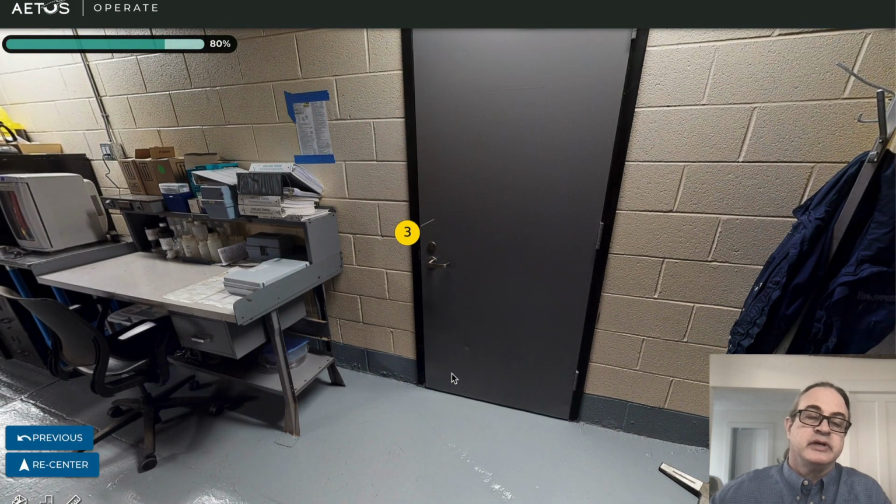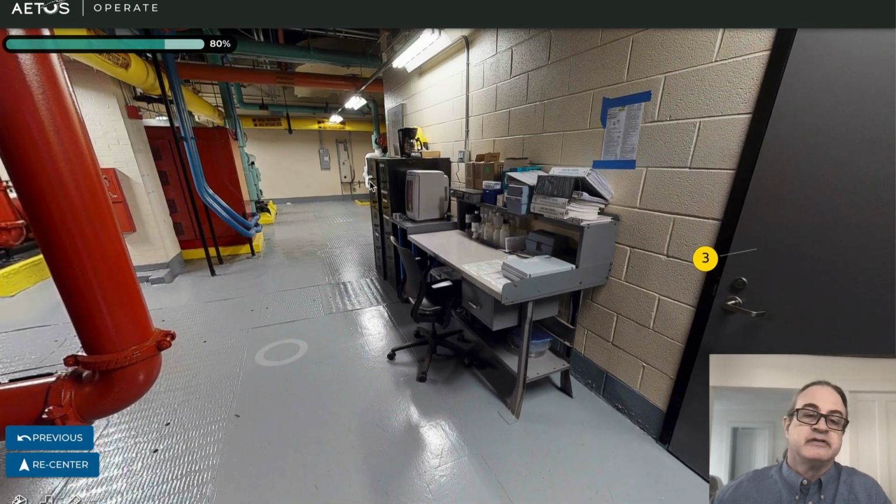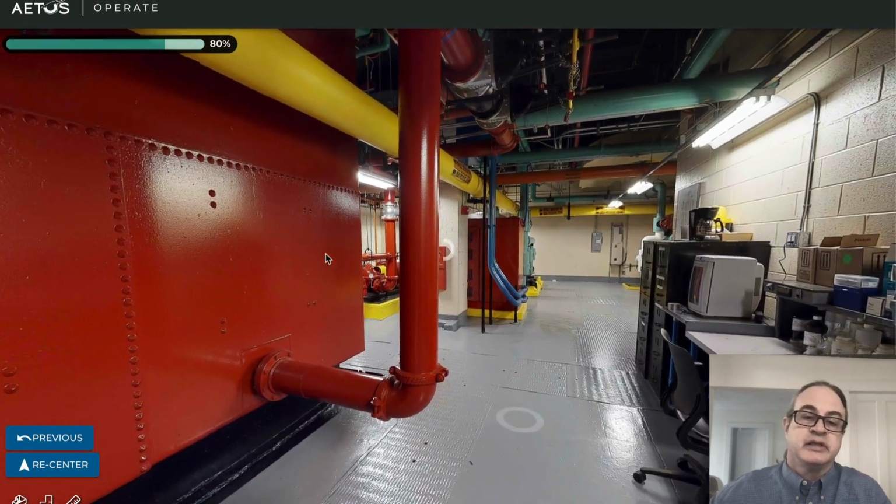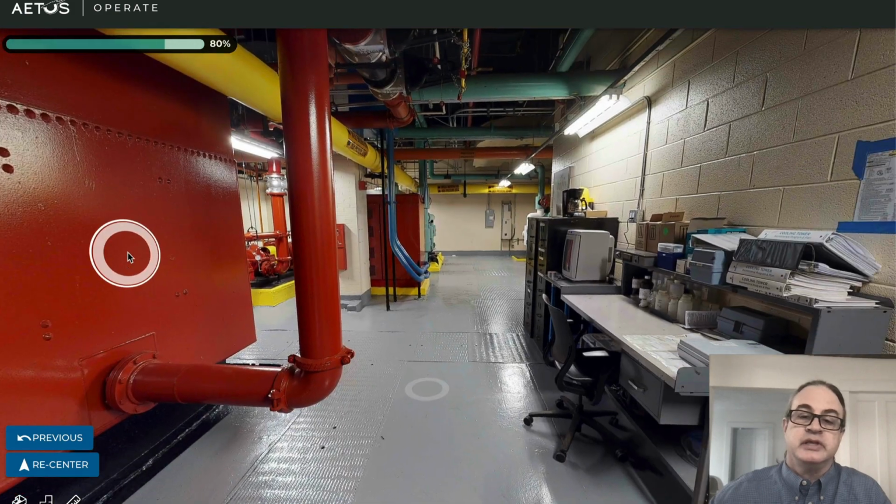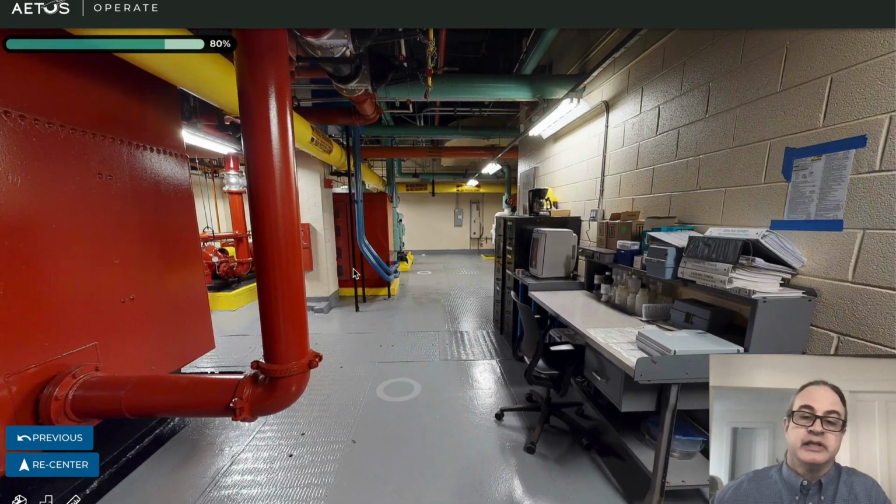And the other thing to note is we are training them on the equipment in the space where they actually work. So this is a very useful environment for familiarizing the maintenance crew with the actual equipment in the actual building that they're in.